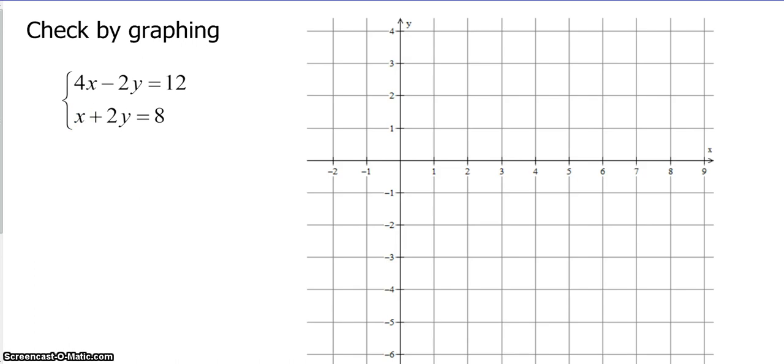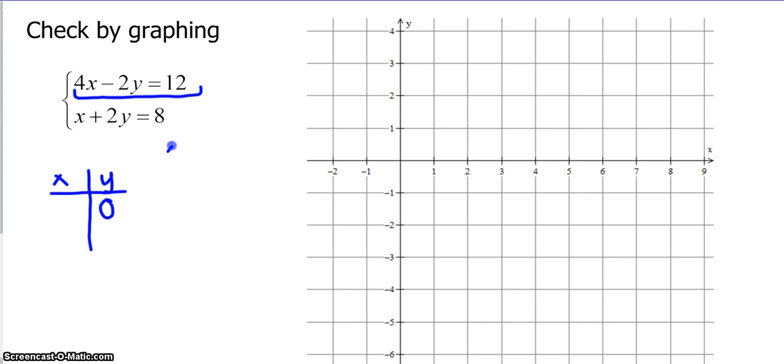Now, we can check our solution by graphing, and it's a good idea to do this. I'm going to graph the first equation, 4x minus 2y equals 12, by using intercepts, x and y intercepts. I want to find the x-intercept, so I'm going to put a 0 in for y.